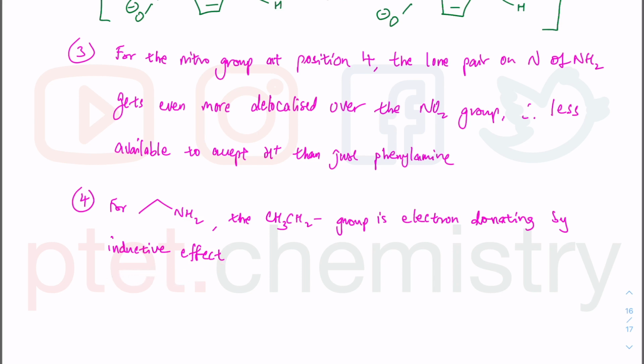Inductive effect stabilizes carbocation, and here it's not stabilizing carbocation, but it's just pumping electron density to the nitrogen, and therefore making the lone pair more available to accept protons.